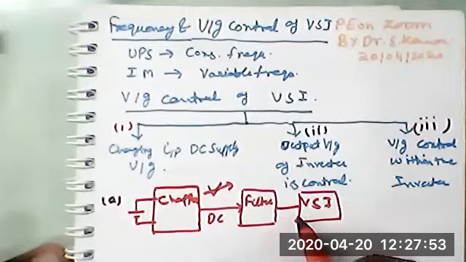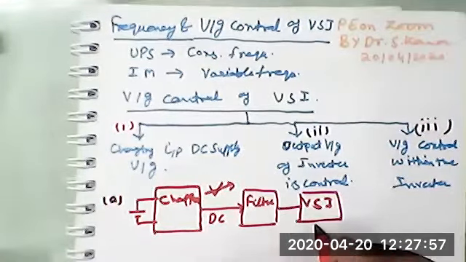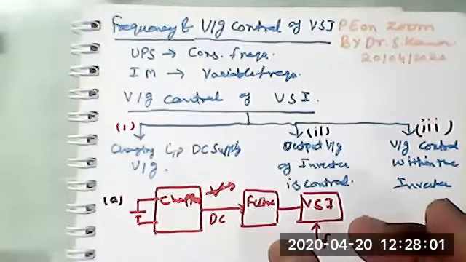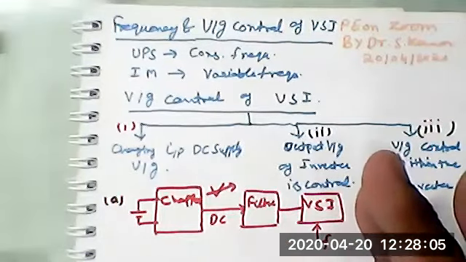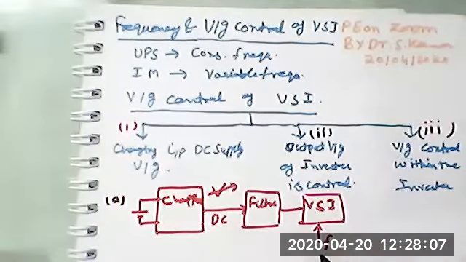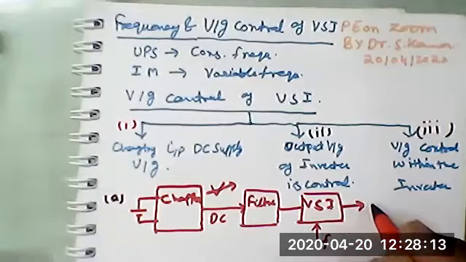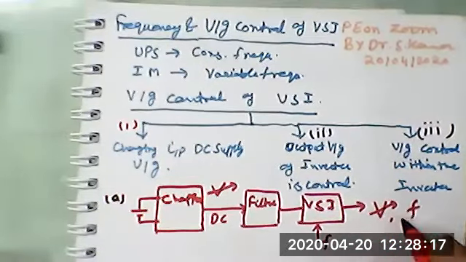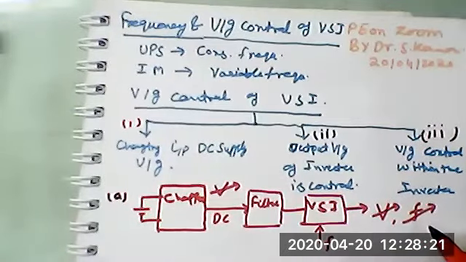Now the input supply of this VSI is changing, and you are giving the timing pulse, that T by 2 means the duration for which one set of the devices are on. You are giving that duration, so in that way you can control the frequency as well. The output of this VSI would be variable voltage, variable frequency. Both quantities will vary.